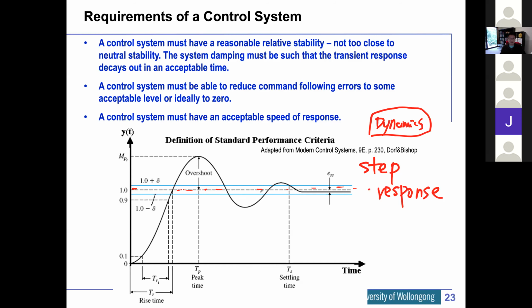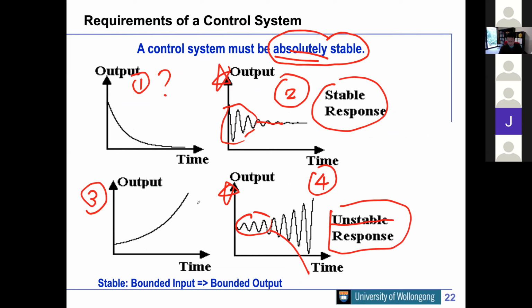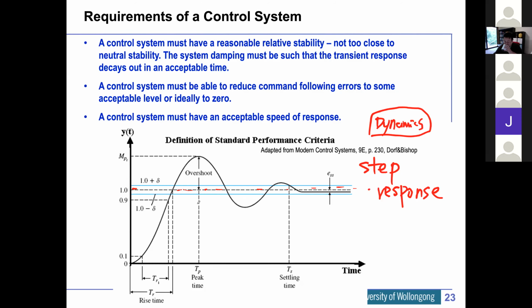So this is a typical curve for a system response. And this is actually how we identify a system. We want to see how a system performs. If you have, say, a supporting structure, we want to know what is the response of this structure, or what's the dynamics of this structure.